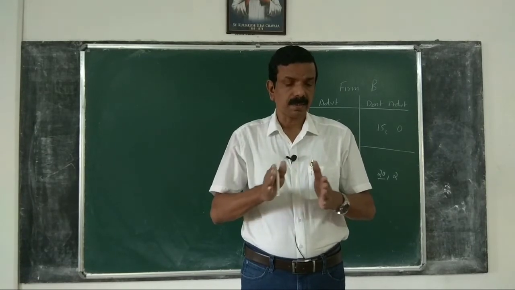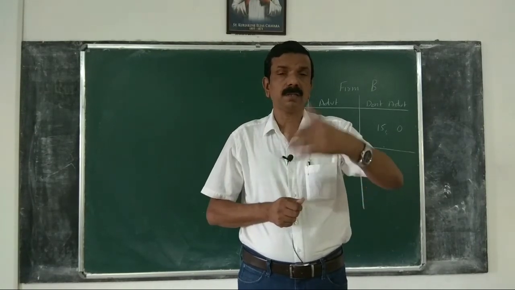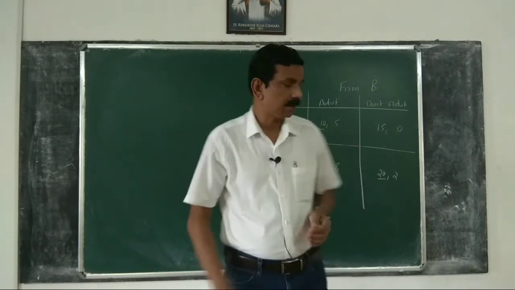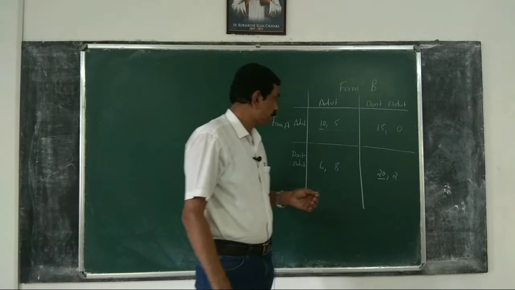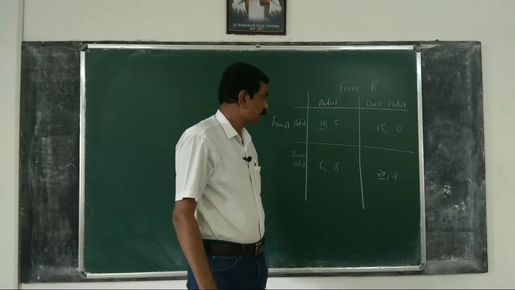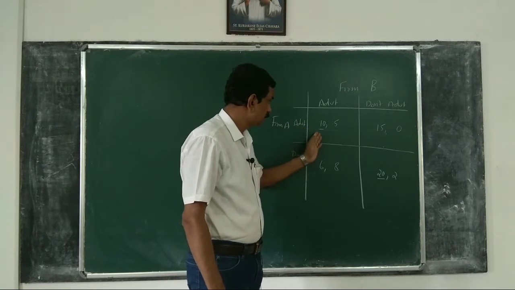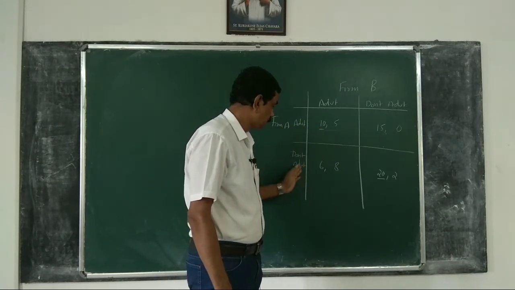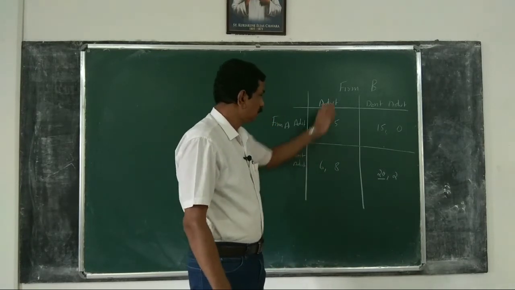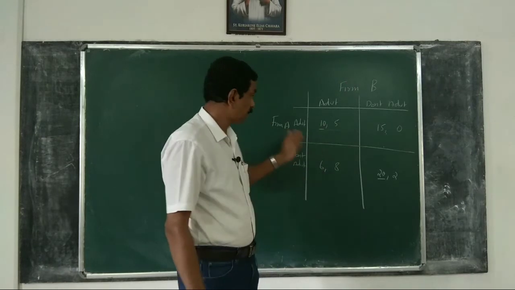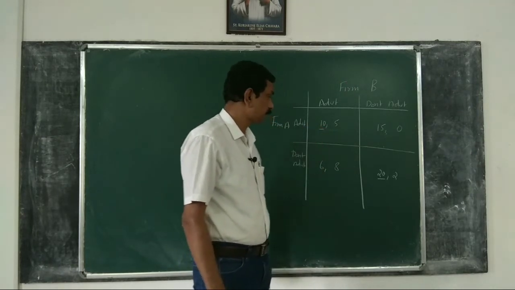Its optimal strategy depends on what B does. If A advertises, it will get 10. Don't advertise, only 6. So if A believes that B will advertise, it is better for A to advertise.